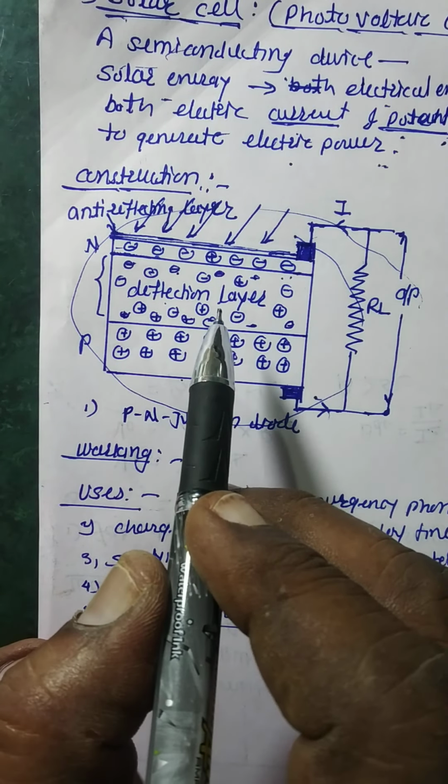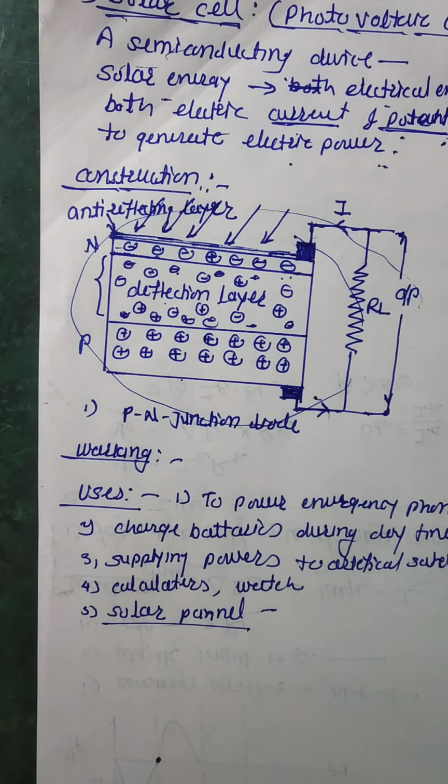The top surface is coated with an anti-reflecting surface to increase absorption of light, to reflect infrared radiations and protect the cell from heat.